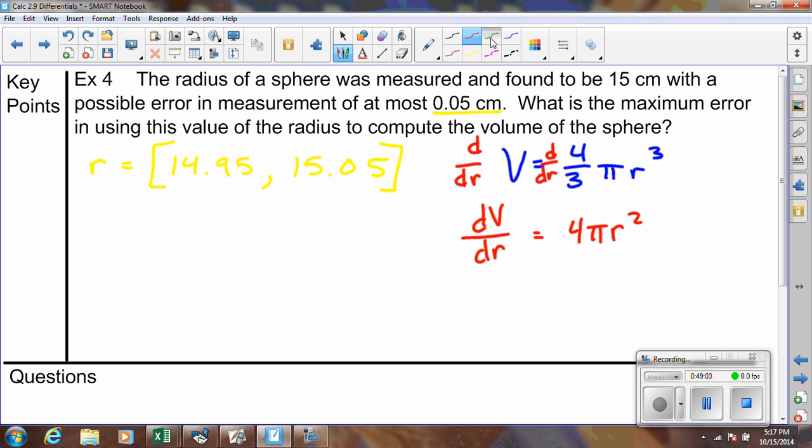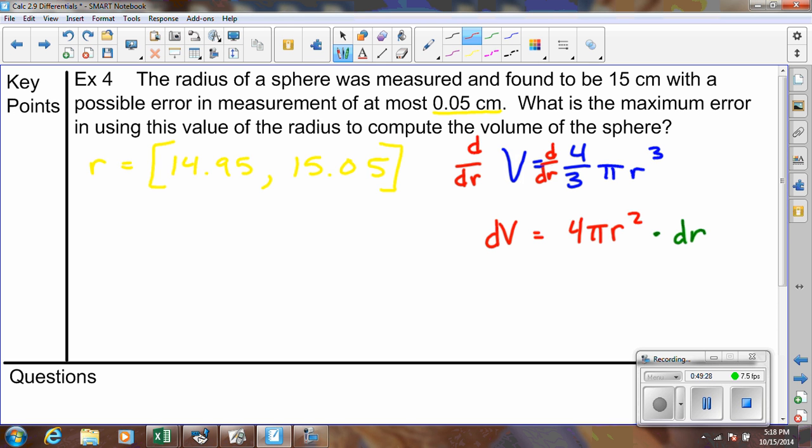If we just multiply by our dr, these pieces cancel, and we then get dV is equal to this. I want to write that a little bit lower just so it looks better and straight in a line.